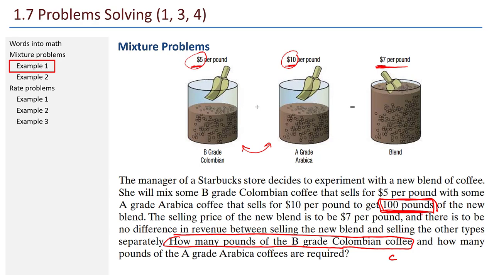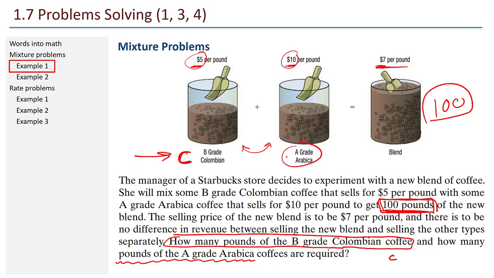So I don't need to make a new variable for the number of pounds of A-grade Arabica coffee. Since there's 100 pounds total, and I have c pounds of the B-grade stuff, I know that the A-grade Arabica coffee has 100 minus c pounds of that. Do you see that? And that way, my c plus 100 minus c equals 100.